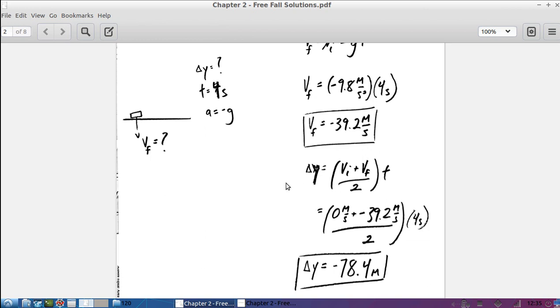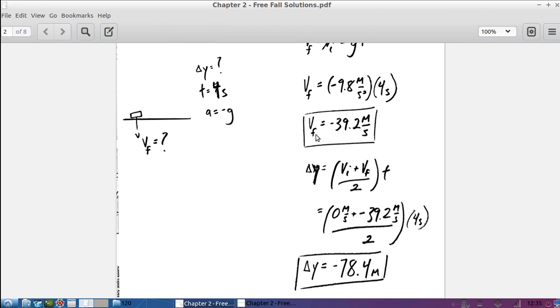They already have delta x equals something. I picked the one that doesn't look like a quadratic because it's got fewer terms. The calculation is going to be a little bit easier. You can pick the delta y equals v initial t plus 1/2 at squared. I'm going to use that later on, and I'll show you how I modify that one too. But this one just looks a little easier to handle.